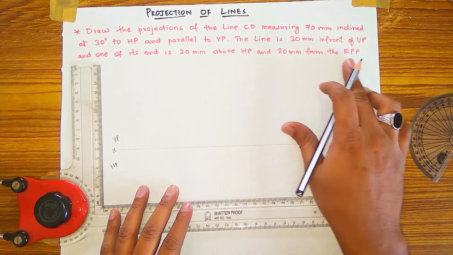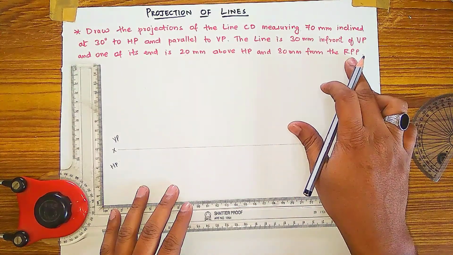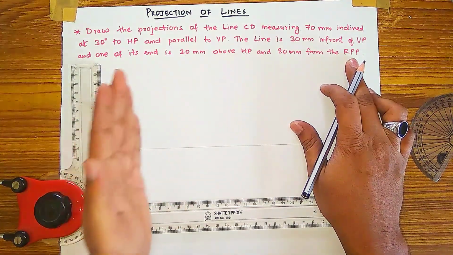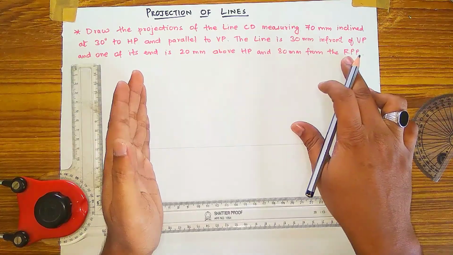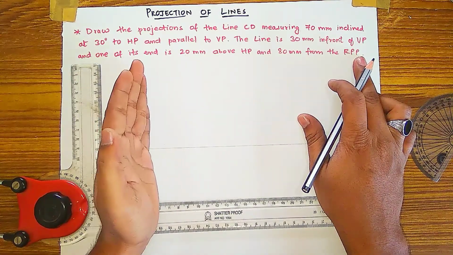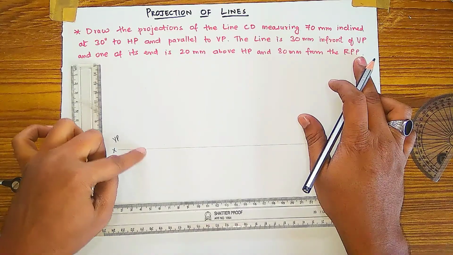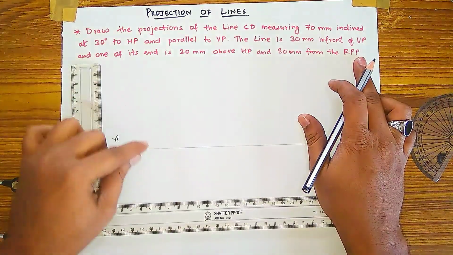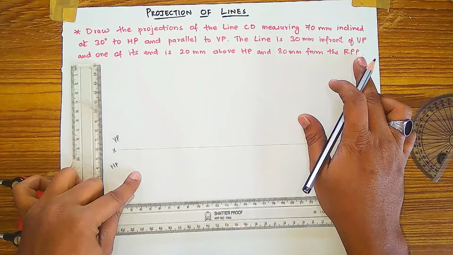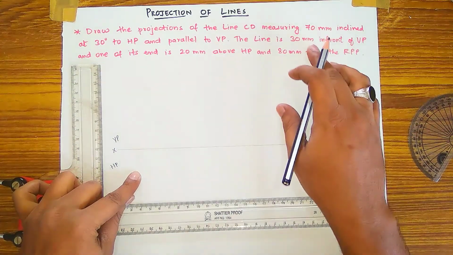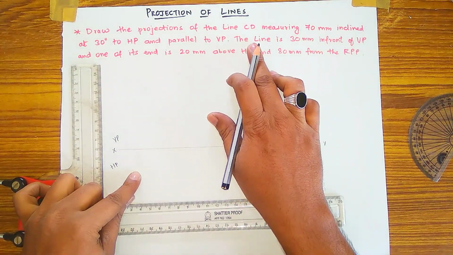In the question he said to use the right profile plane, so you have to start your solution from the left. You have to see how much the 70 mm line goes up and how much down, so first you have to see the distances.